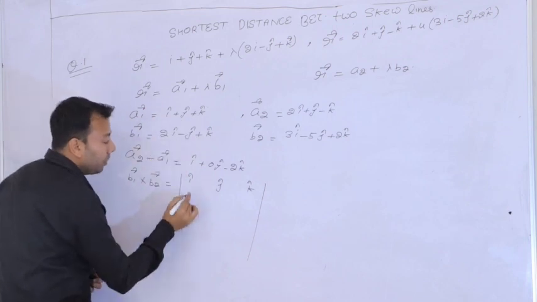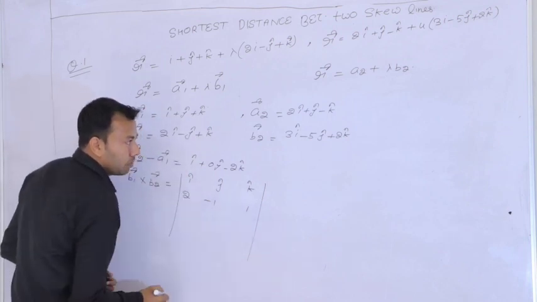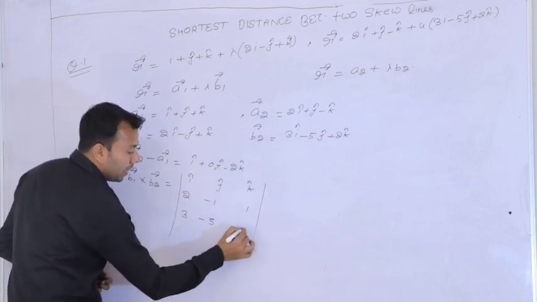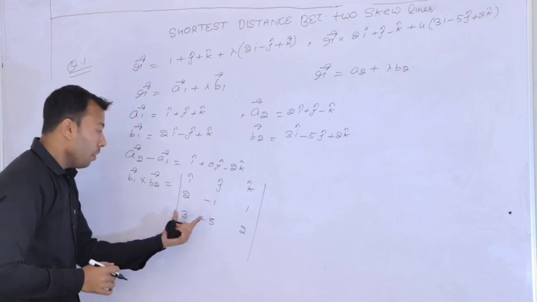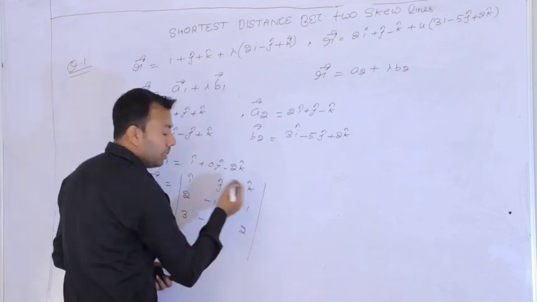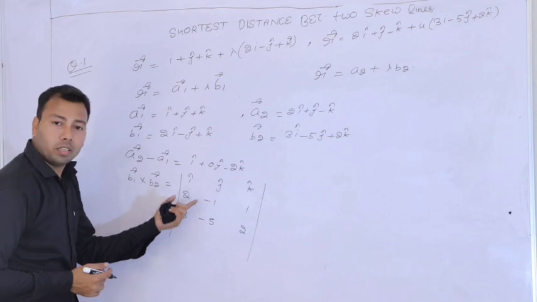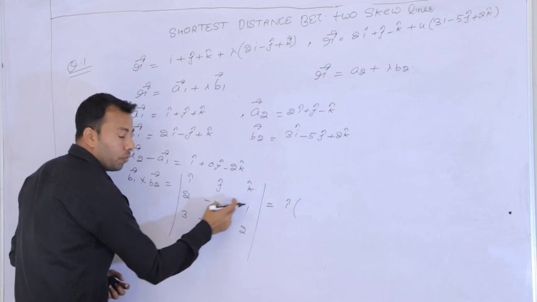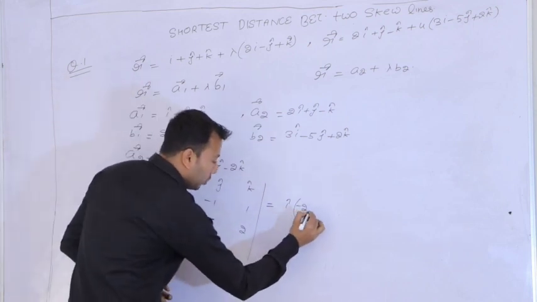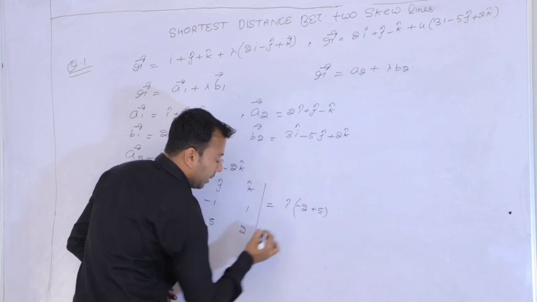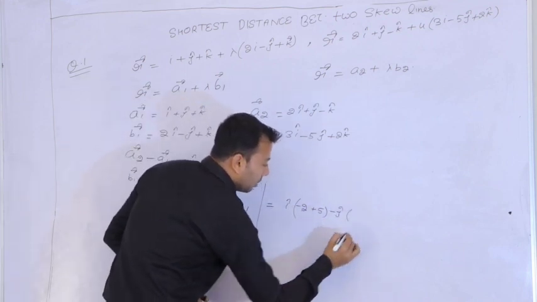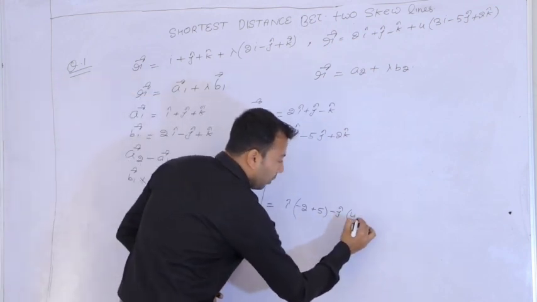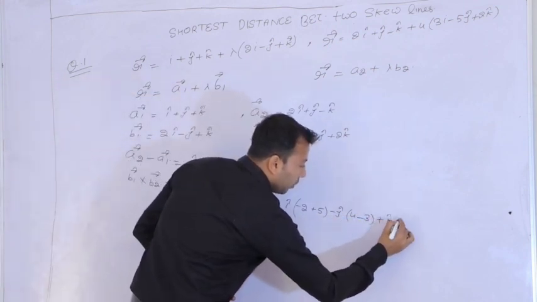Now the coefficients of b1 are 2, minus 1, 1, and of b2 are 3, minus 5, 2. We find the determinant by expanding along row 1. So i into the minor of the first row and first column, that is minus 2 plus 5, minus j vector, again deleting the row and column, 4 minus 3, plus k unit vector.